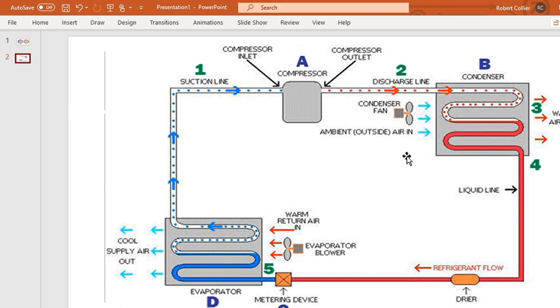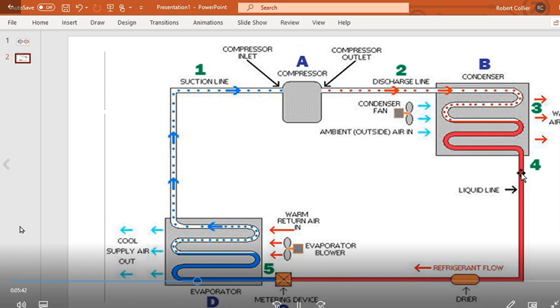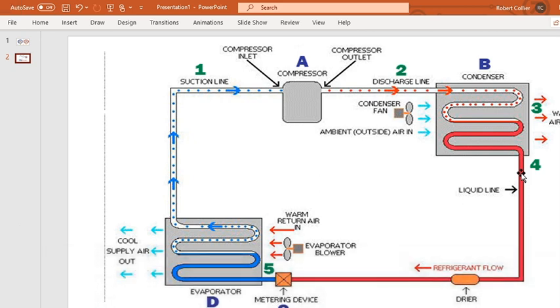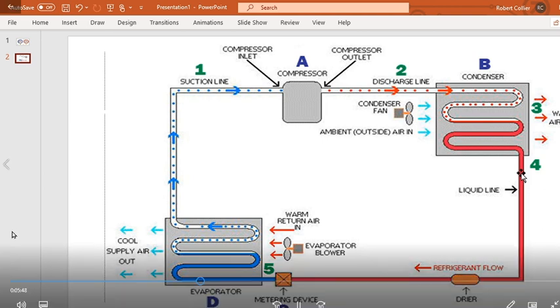So now leaving this coil at this spot on the liquid line, it changes its name from discharge to liquid because now it's a liquid. It is 10 degrees cooler than it went in. That is called subcooling, and we'll get more into that in just a bit.